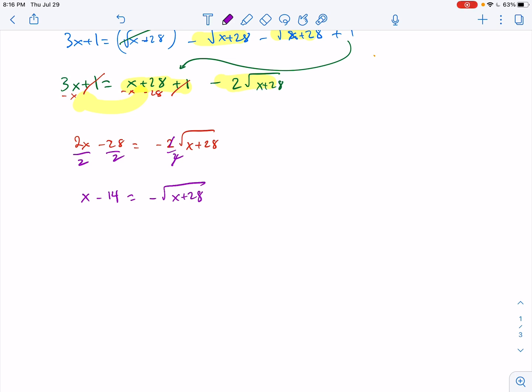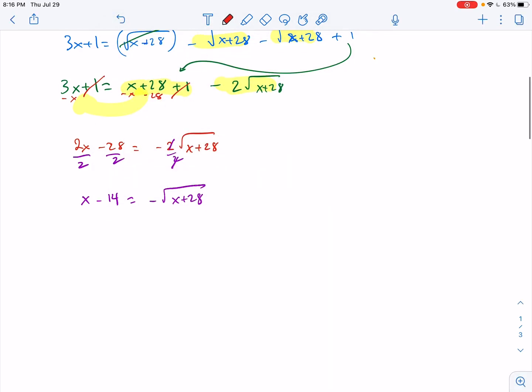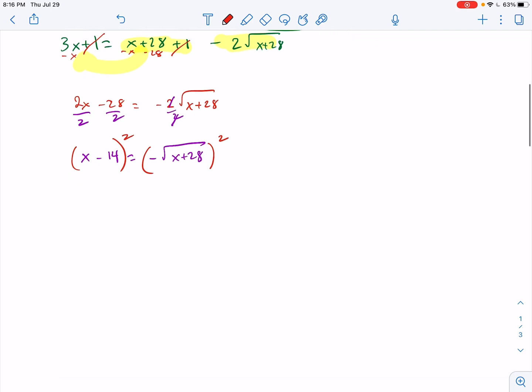Now we have an equation where one side has a radical term by itself. This allows us to square both sides again. This squaring eliminates the radical term on the right-hand side. The left-hand side, we are FOILing out, so I will remind you of this step.